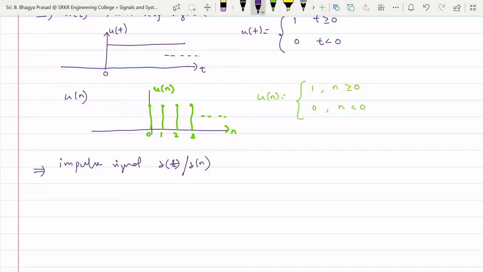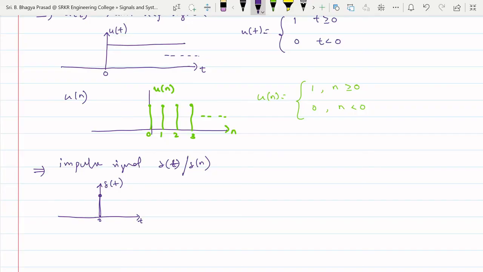The impulse signal in continuous time is referred to like this, delta t. So here the impulse is only at this position. But there are a lot of definitions for this impulse signal. From a general point of view and the exam point of view, I am just saying it like this, but actually this is not the proper representation of an impulse signal.